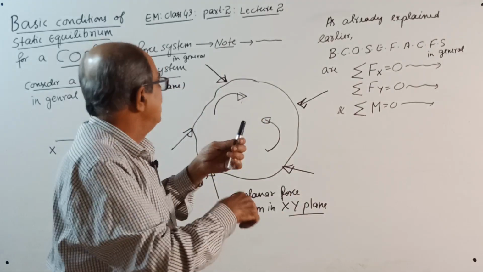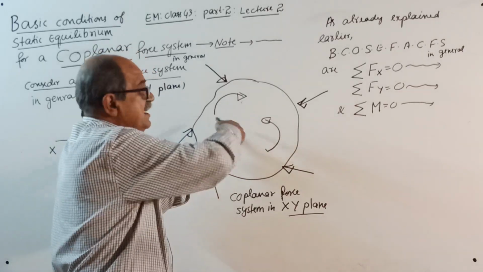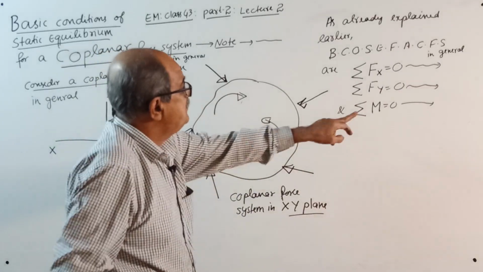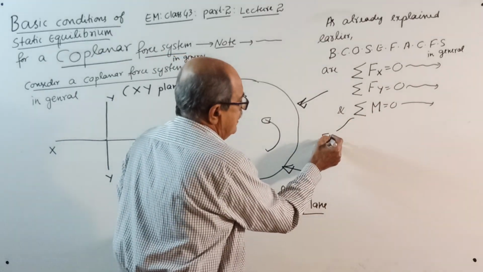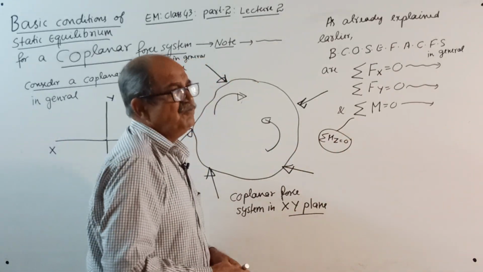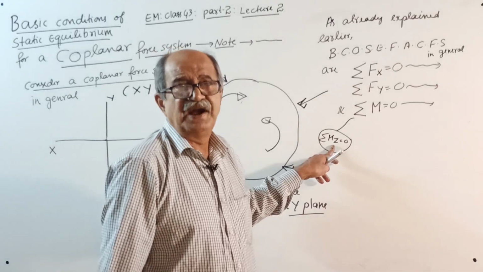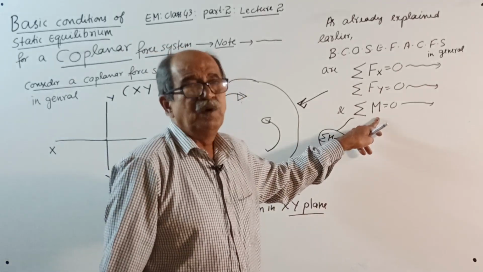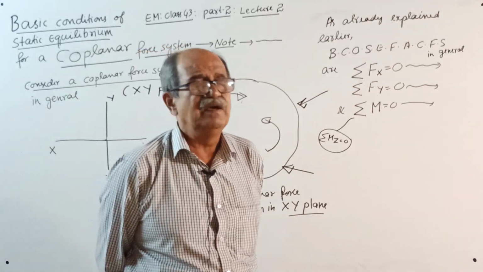If you take moment about a point, it is about this axis. So this sigma M0 is actually sigma Mz0, but we don't write it that way every time. We put simply sigma M0. Moment about the zz axis and moment about any point are both the same. This was already thoroughly explained earlier.